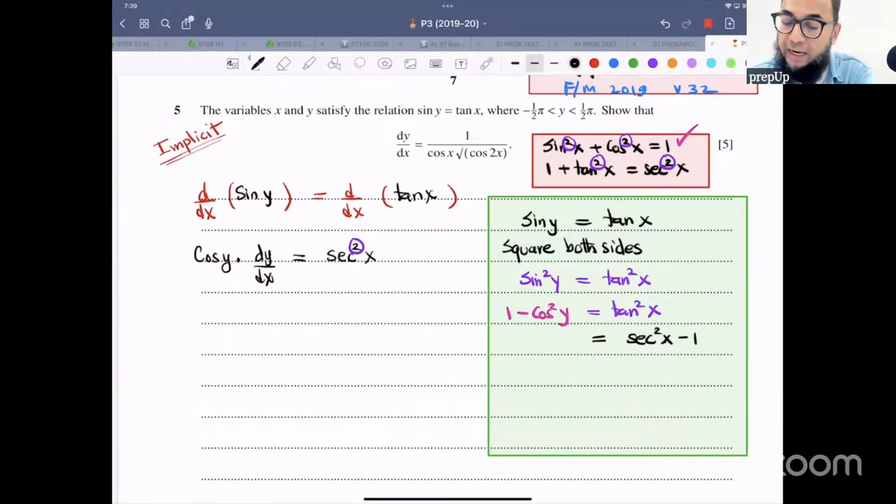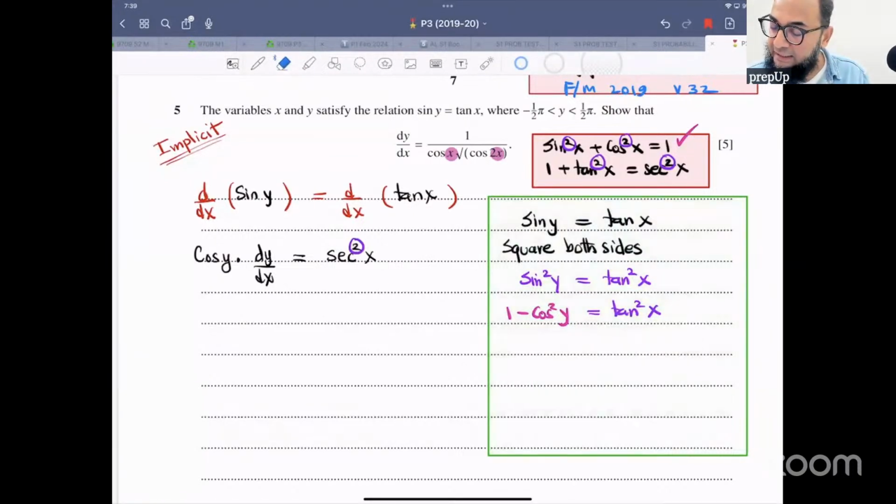So now look at this thing also. There is an x over here, there is a 2x over here, the y is replaced. So if I want to replace y, let me just erase this thing. So 1 minus cos square y, this thing is tan square x. So now we have a cos y over here.